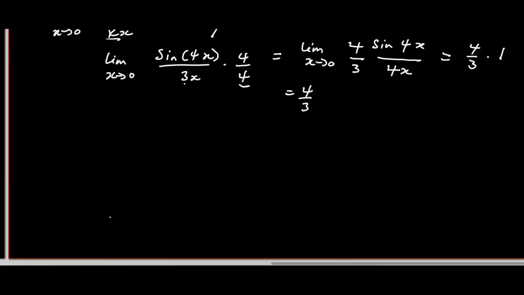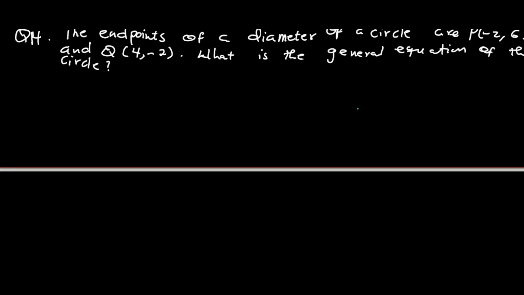Now question 14. We continue with question 14, which says the endpoints of a diameter of a circle are P (negative 2, 6) and Q (4, negative 2). What is the general equation of the circle? We have two main ways we can solve this.